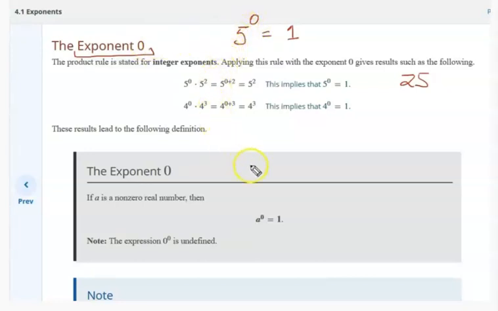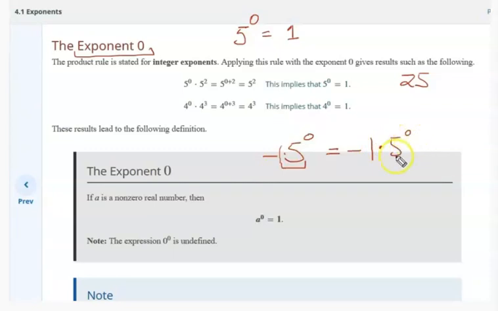Now, this gets a little tricky, and I'm sure they're going to show it to us here in a moment. But if we have negative 5 to the 0 power, now you might think that this is a 1, but it's not, because the exponent only applies to the base. So we would think of something like this as a negative 1, which is in a sense out here, times 5 to the 0.